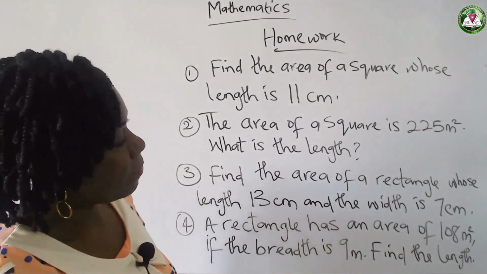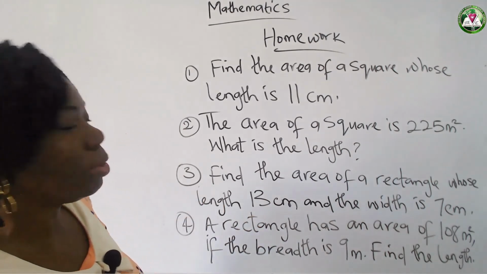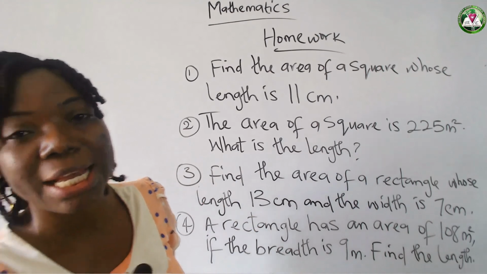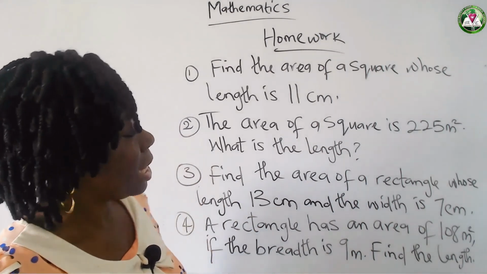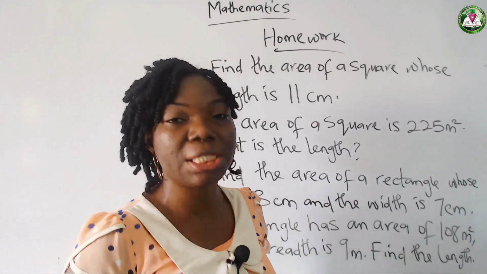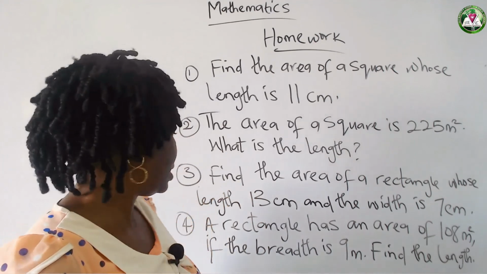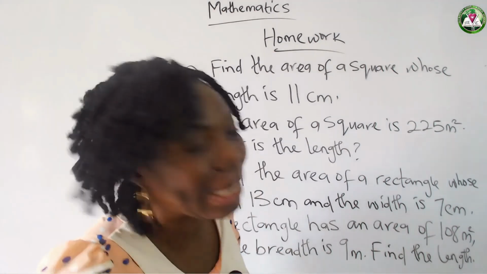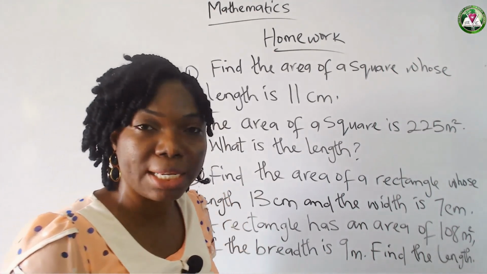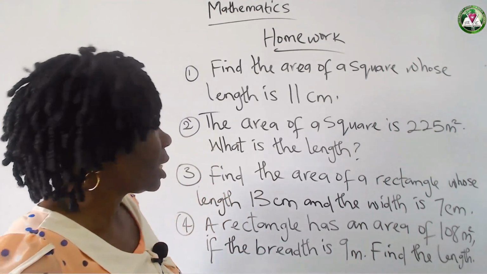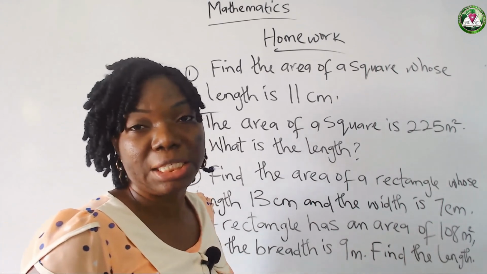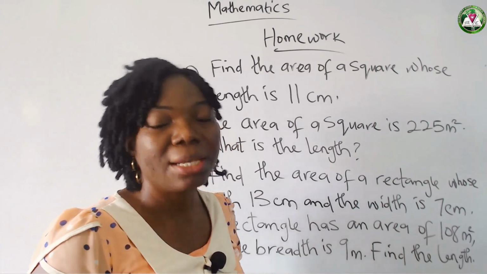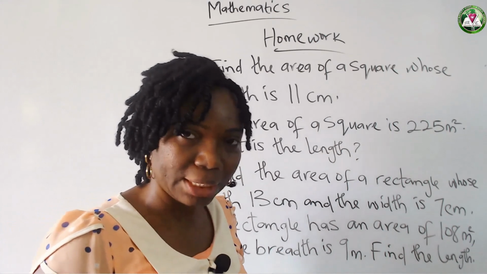And number 3, find the area of a rectangle whose length is 13 centimeters and the width is 7 centimeters. And the last question is, a rectangle has an area of 108 meters squared. If the breadth is 9 meters, find the length.